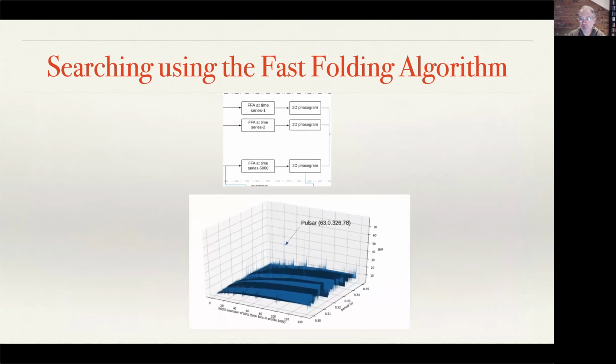Now the difference between doing the fast folding algorithm and the fast Fourier transform is that the folding algorithm is really just trying lots and lots of different periods to fold the data at. When you do that, you get a 3D cube, which is a combination of pulse width, since we convolve the data with a template which tries to match the pulse width, the pulse period, and the signal-to-noise ratio.